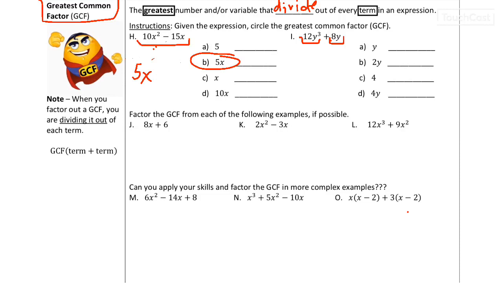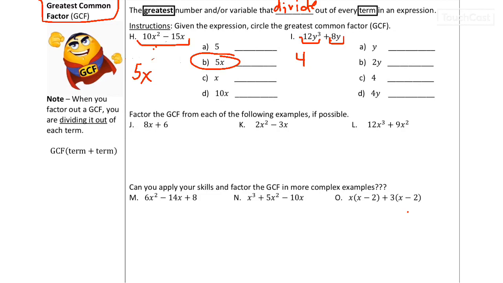A common mistake on this problem is people will say 2 is the biggest number, or 2 can divide 12 and 8, which is correct, but it's not the biggest number. Okay? The correct answer here would be 4. 4 is the biggest number that can divide 12 and also 8.